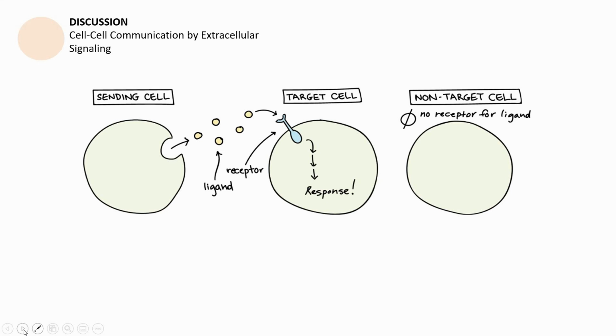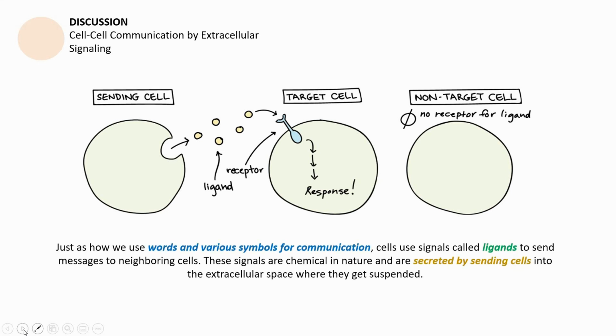Just as how we use words and various symbols for communication, ang mga cells gumagamit naman sila ng signals called ligands to send messages to neighboring cells. These signals are chemical in nature. Ibig sabihin, they are comprised of molecules and are secreted by sending cells into the extracellular space.